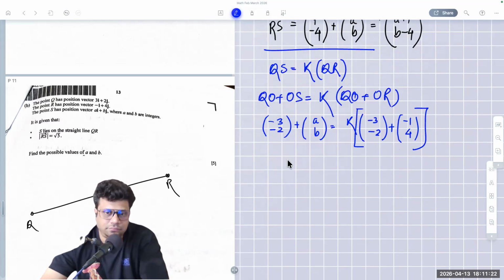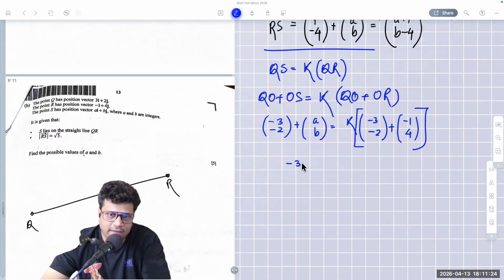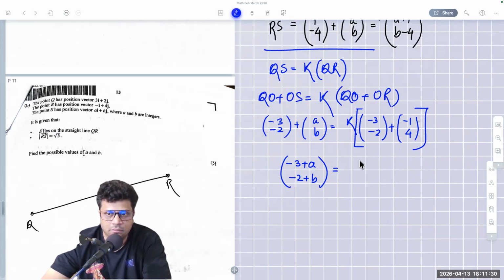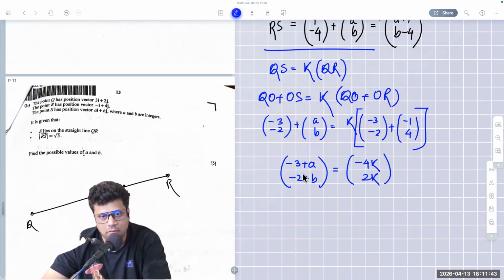Okay. So (-3 + A, -2 + B) is equal to (-4K, 2K).